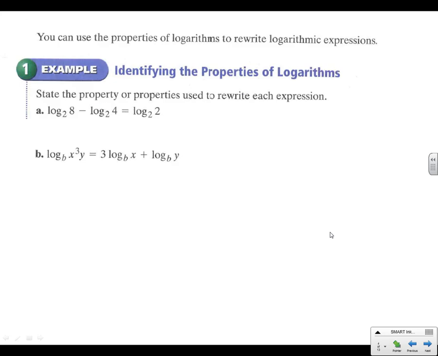Have those down, and let's try to use those for example 1. Which property are we using? Okay, so log base 2 of 8 minus log base 2 of 4. We can combine these and get 8 divided by 4 and get 2. So that's the quotient property. Let's see what else we got here. Log base b of x cubed y, we're going to split it up into 3 log base b of x plus log base b of y.